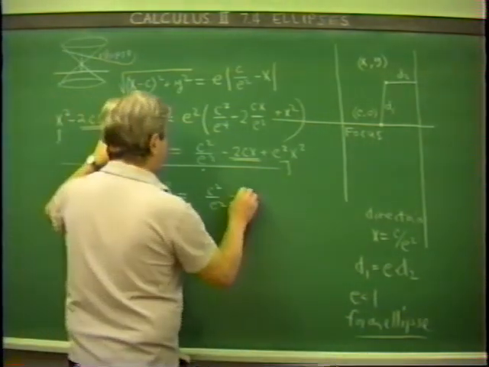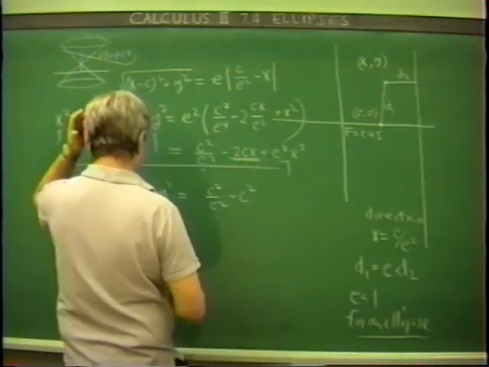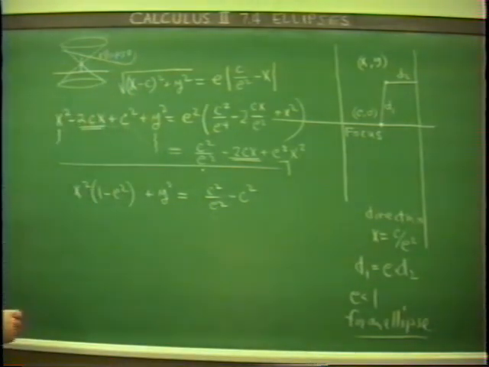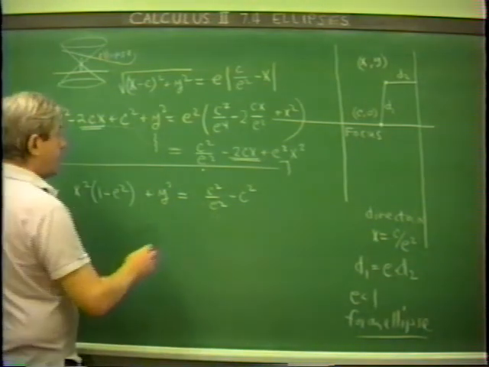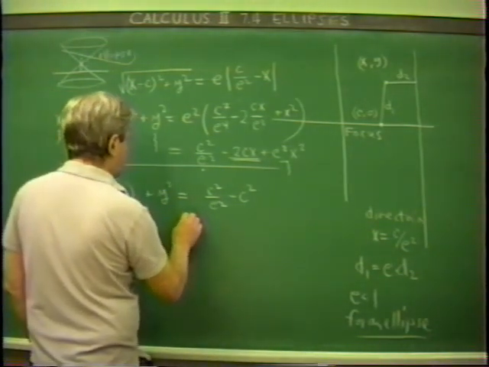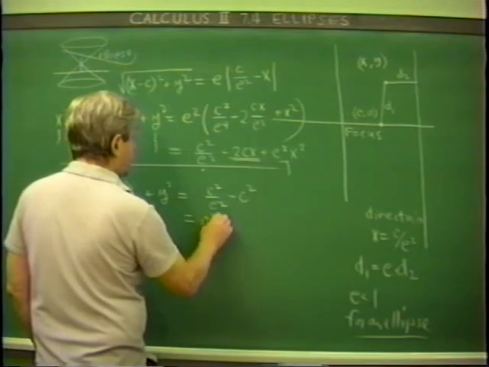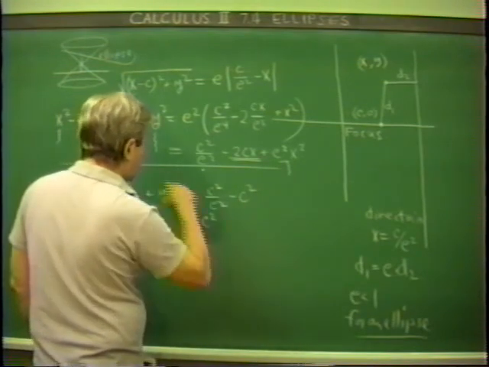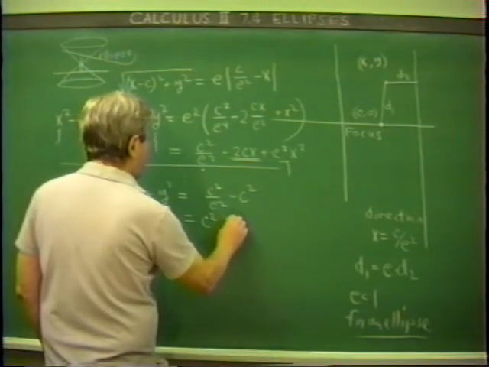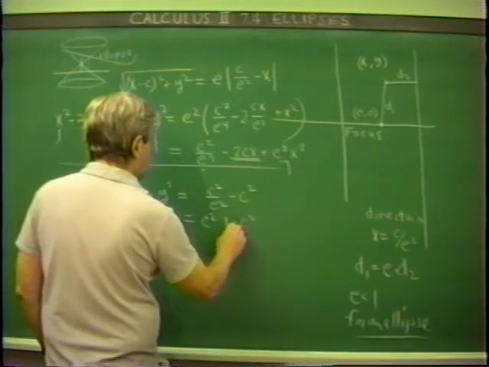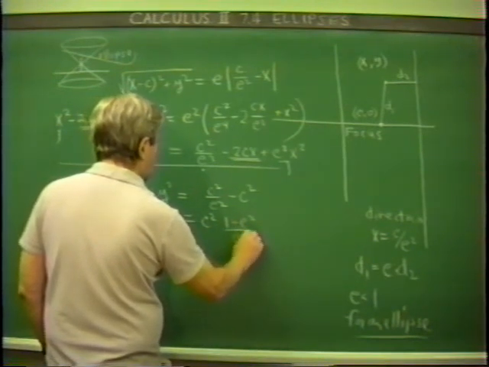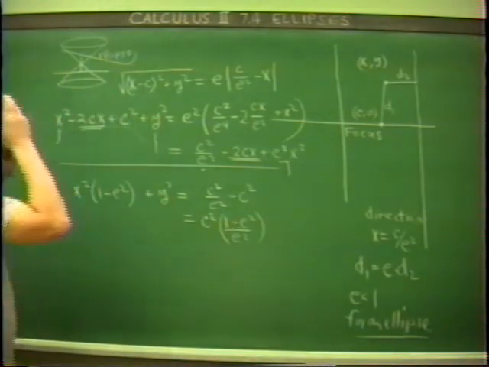And we still have this c squared to take care of here, so minus c squared. This right-hand side here now is equal to c squared times what? 1 minus e squared over e squared.